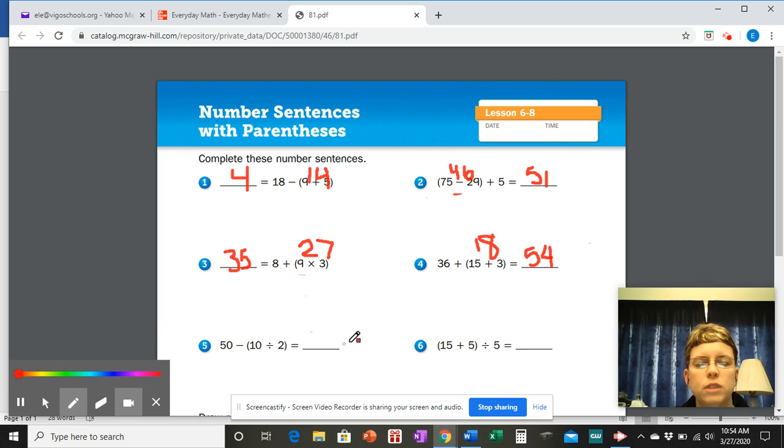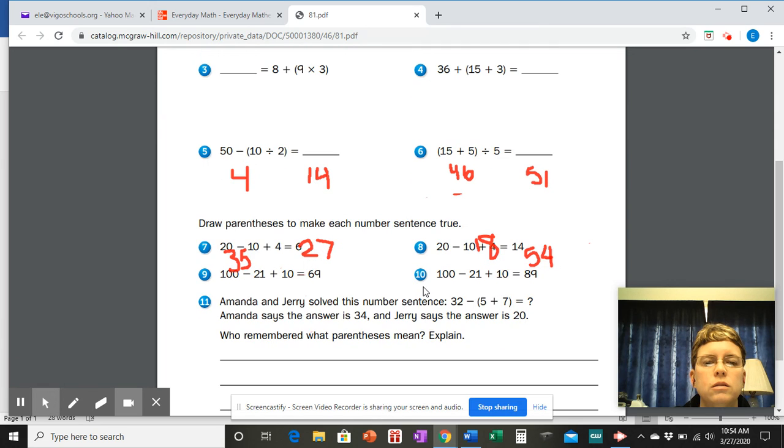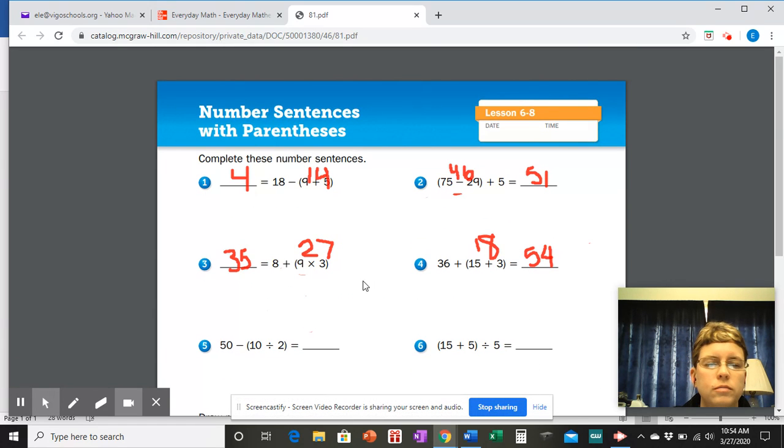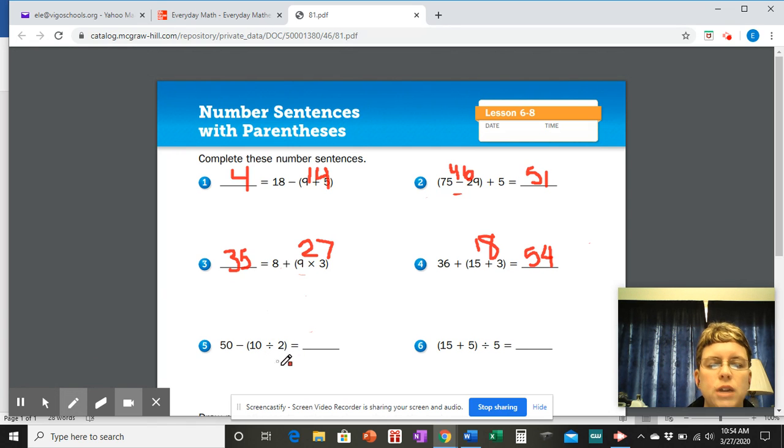All right, now we're going to move down to number 5. We are doing some division. So we have to do our division first. So 10 divided by 2 would give me 5, because 2 times 5 is 10. So now we have 50 minus 5, and 50 minus 5 gives me 45.